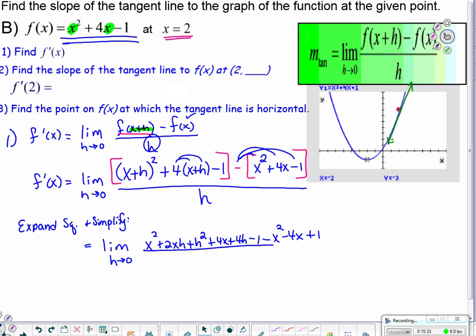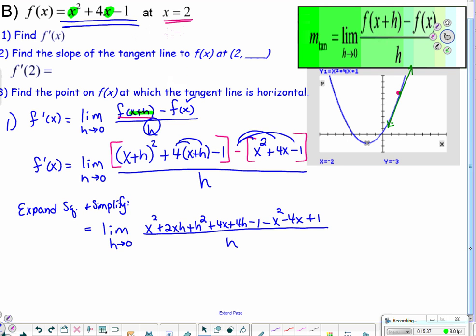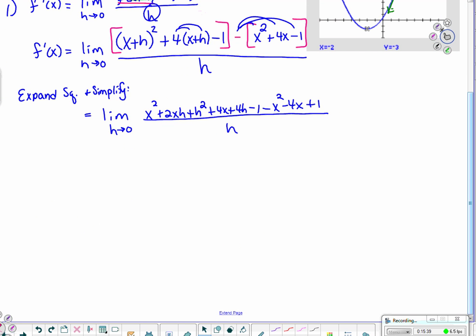Probably one of the longest fractions you've ever written. There are many things that are going to 0. Positive 4x, negative 4x. Negative 1, positive 1. Negative x squared, positive x squared. What does it leave us with? The limit as h goes to 0.